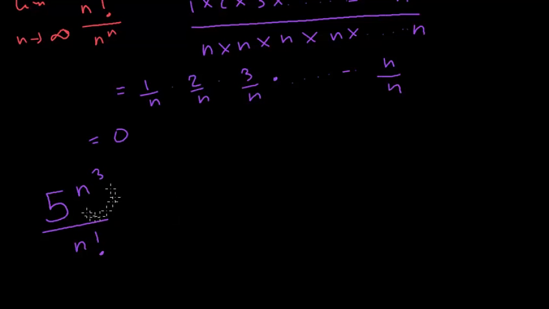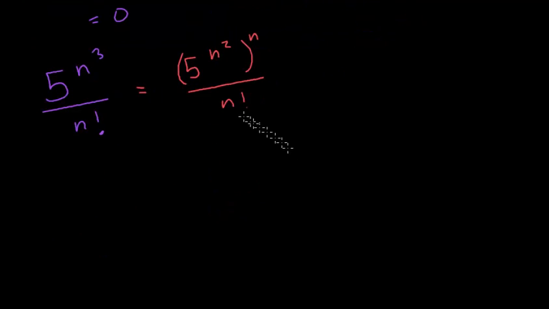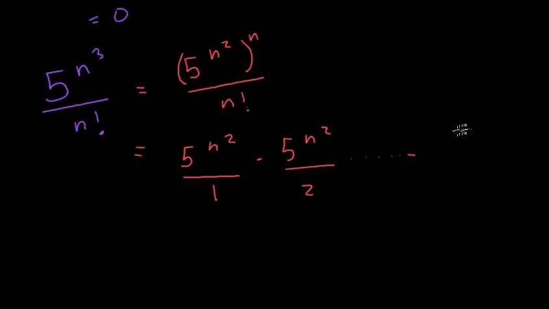So 5 to the n cubed can be written as 5 to the n squared, whole to the n, over n factorial. And this can be written as 5 to the n squared, n times, over 1 times 2 times all the way up to n. So 5 to the n squared over 1, times 5 to the n squared over 2, all the way up to 5 to the n squared over n.